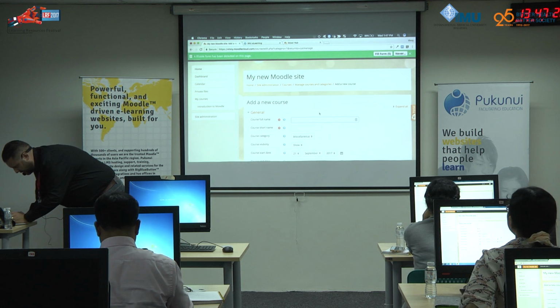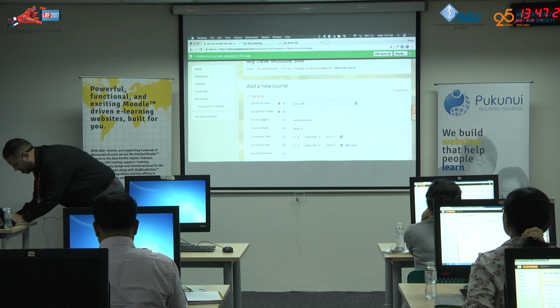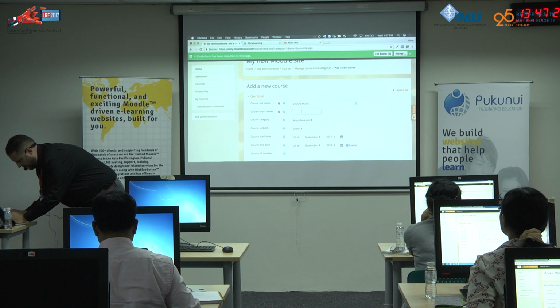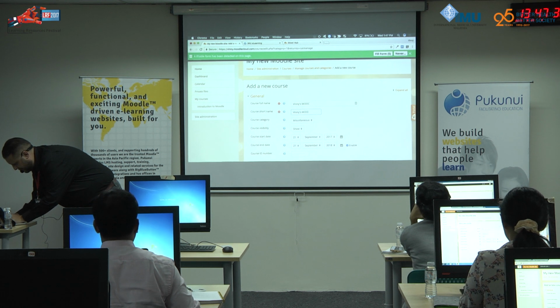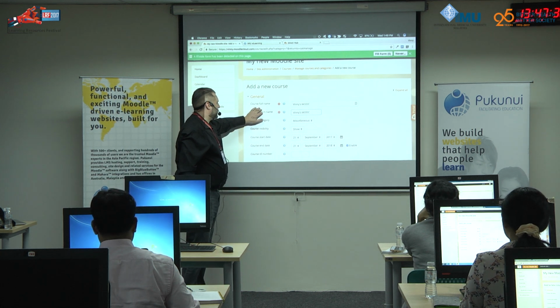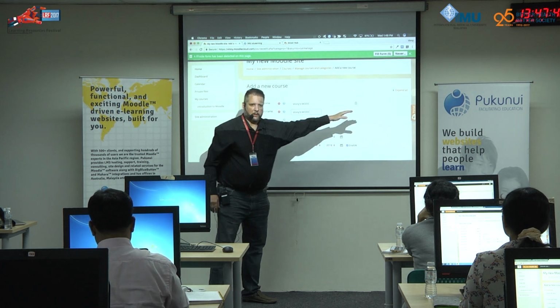So I'm just going to give it a name. I'm going to call it Vinny's Mooc. And we've got a full name and a short name. The only difference is that the full name can be much longer.